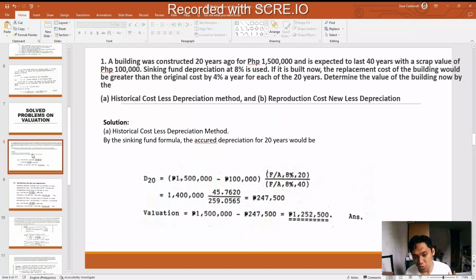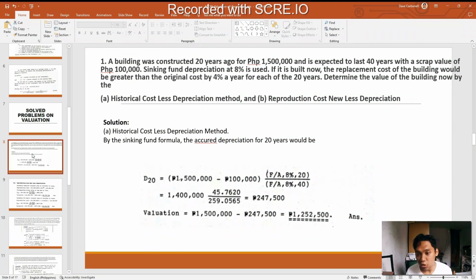The above should be 20, which is the time the building was constructed years ago, and below is the life expectancy of the building, which is 40 years. So simplifying, it is equal to 1.4 million times 45.7620 over 259.0565, and now it equals 247,500 pesos.